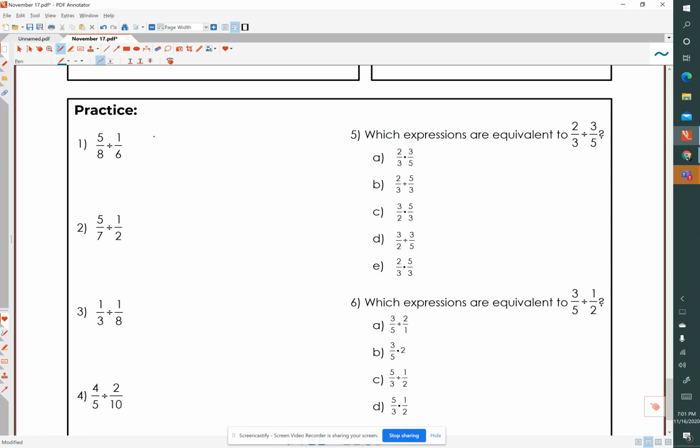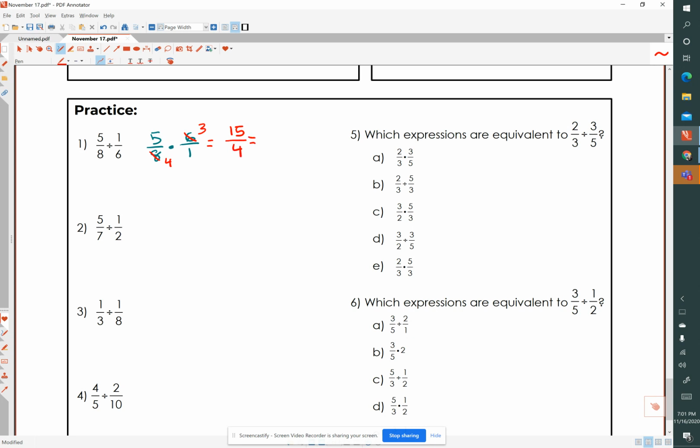So that would be 5/8 times 6/1. Now, we can cross cancel here. We have 6 and 8, which are both divisible by 2. 6 divided by 2 is 3. 8 divided by 2 is 4. So now we've got 5 times 3 is 15. 4 times 1 is 4.